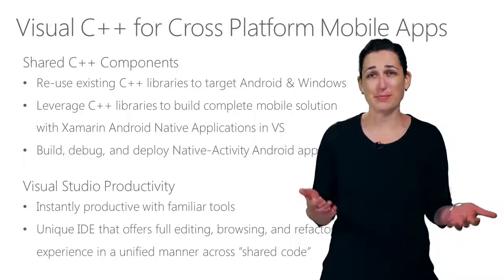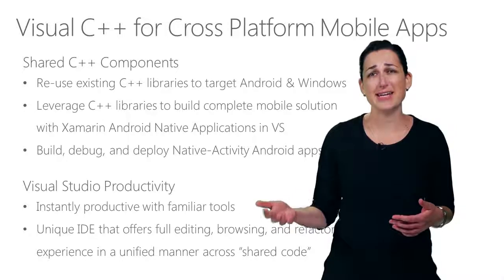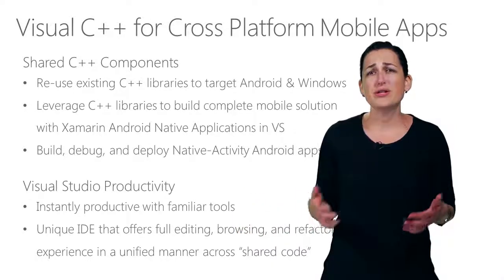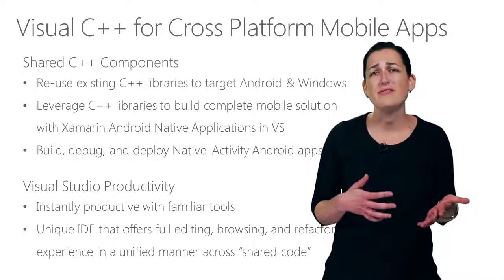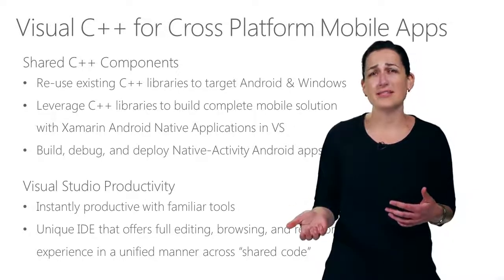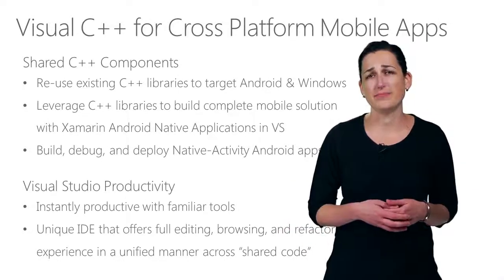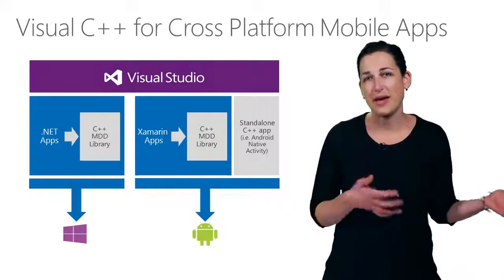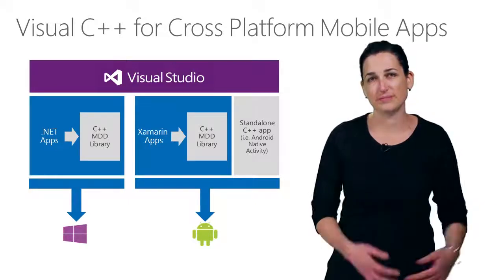You can leverage C++ libraries to build complete end-to-end Xamarin Android native applications in Visual Studio. You can do this with the productivity you've come to love in Visual Studio, with familiar IntelliSense, refactoring, and debugging tools. You can also build, debug, and deploy native activity-type Android applications in Visual Studio.